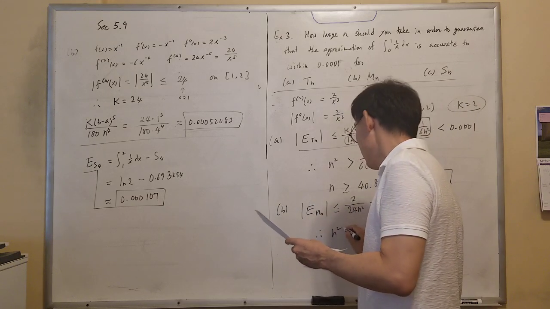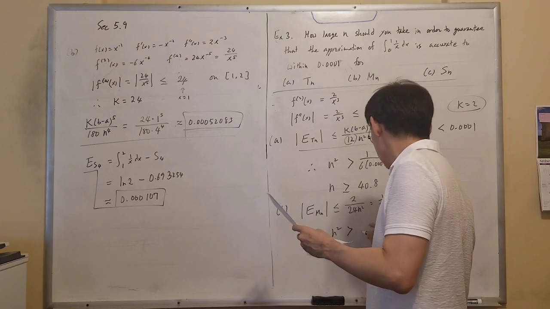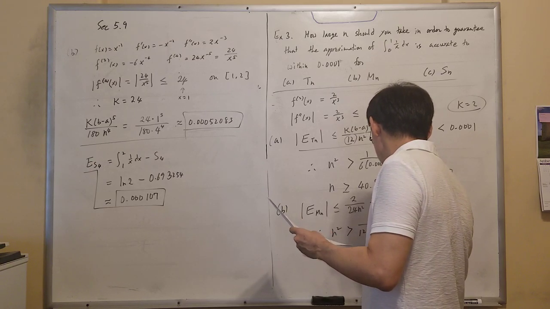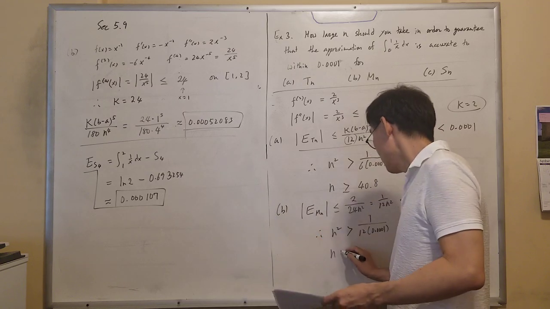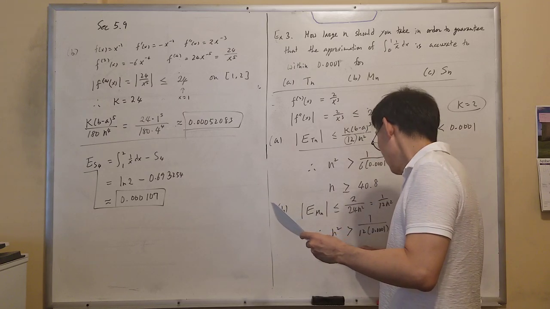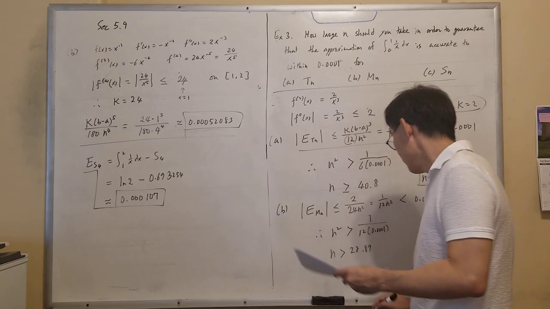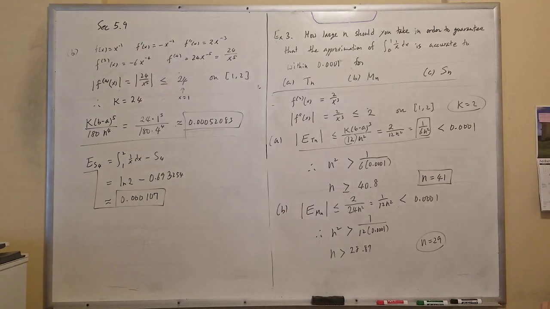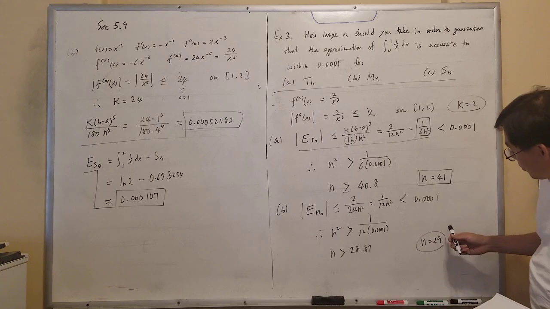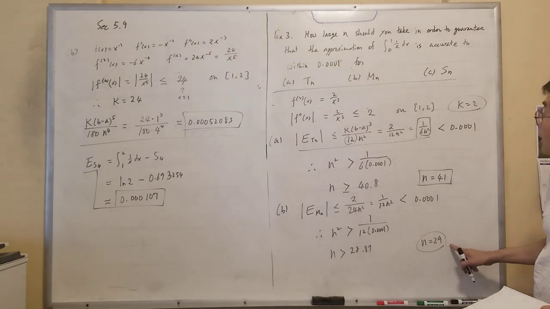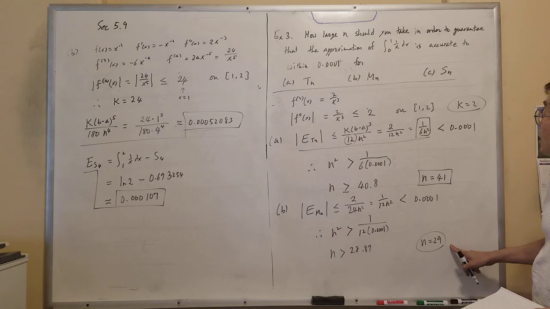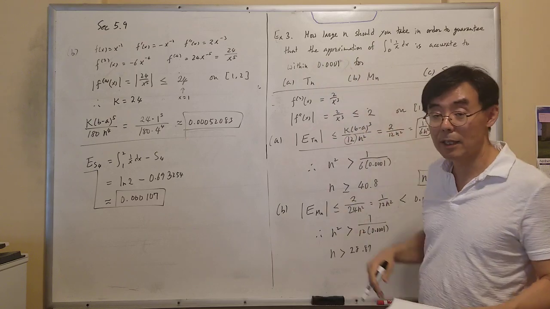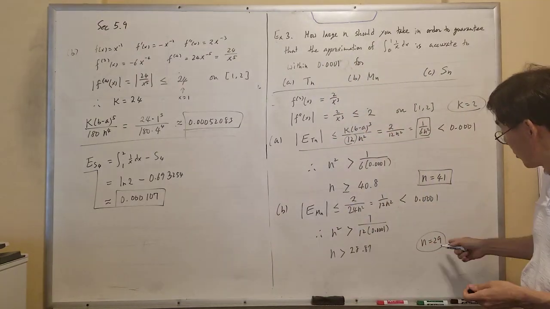Therefore, n squared must be greater than 1 over 12 times 0.0001. If you take square roots, n must be greater than 28.87. So if you want to use the midpoint rule, you have to divide your interval into 29 intervals, if you want to make sure that your error is absolutely smaller than this. Quite a lot.